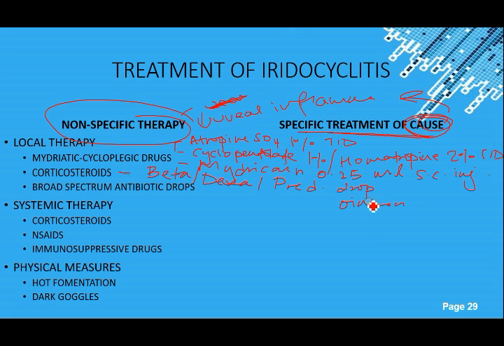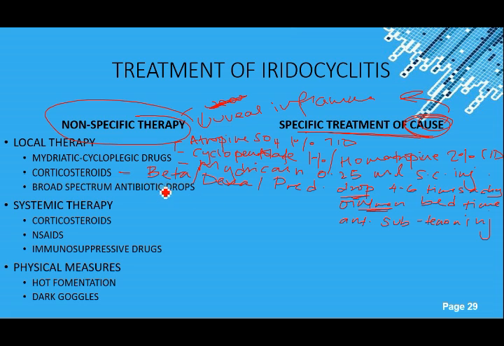You also can give subtenon injection, anterior subtenon injection in serious cases. Otherwise you stick to drops and ointment. Ointment normally bedtime, drop is in the morning, 4 to 6 times during the day, sorry. Okay, 4 to 6 times a day.